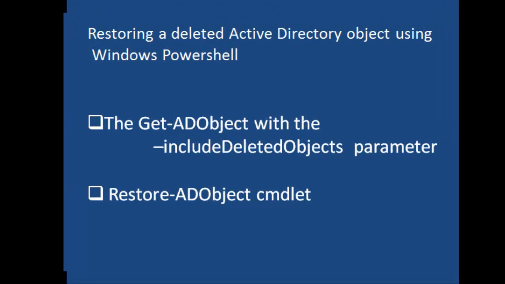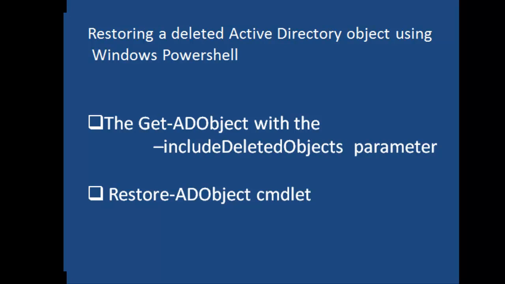It is also possible to restore a deleted Active Directory object using Windows PowerShell. The commandlets that we would use would be the Get-ADObject commandlet with the IncludeDeletedObjects parameter, and then the Restore-ADObject commandlet.